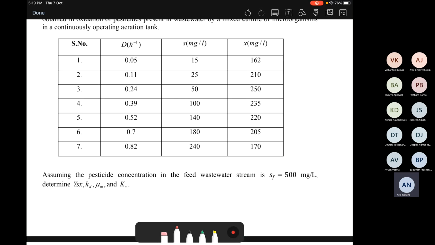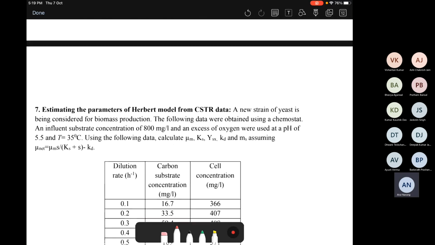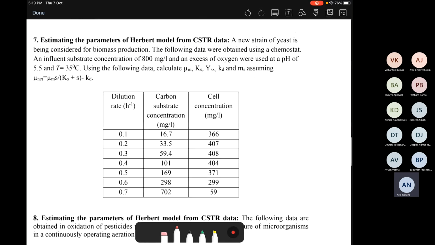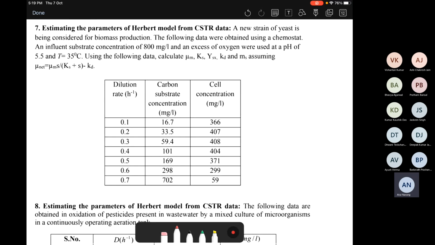Whereas if you look at the Herbert model, now I've erased it, but let me put it down here. Effectively, it says the same thing. If I have S going to X, this model is saying, so I'll just put them in different colors.